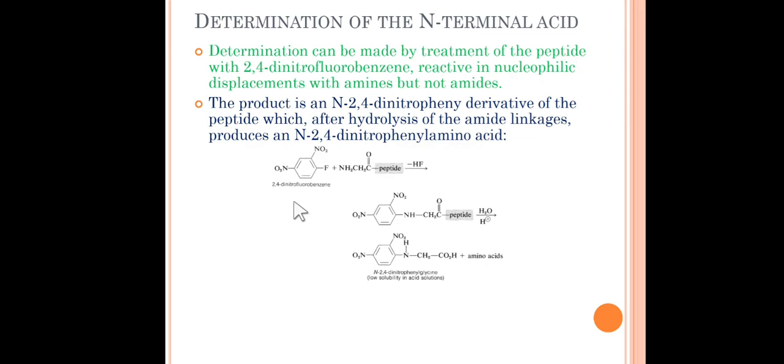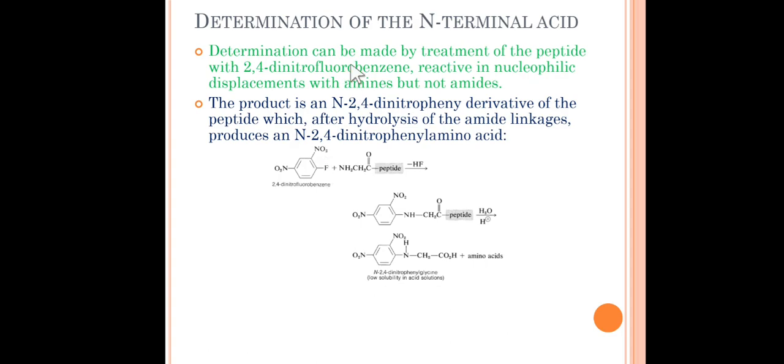Now friends, this is very reactive in nucleophilic displacement with amines. That means if I have an NH2 group, there will be a nucleophilic substitution of the fluorine, and this NH2 will attach to the benzene ring and fluorine will be replaced.